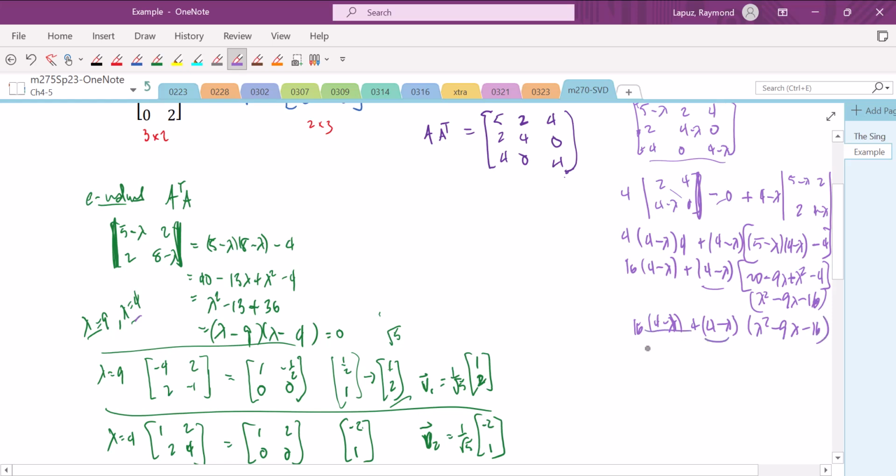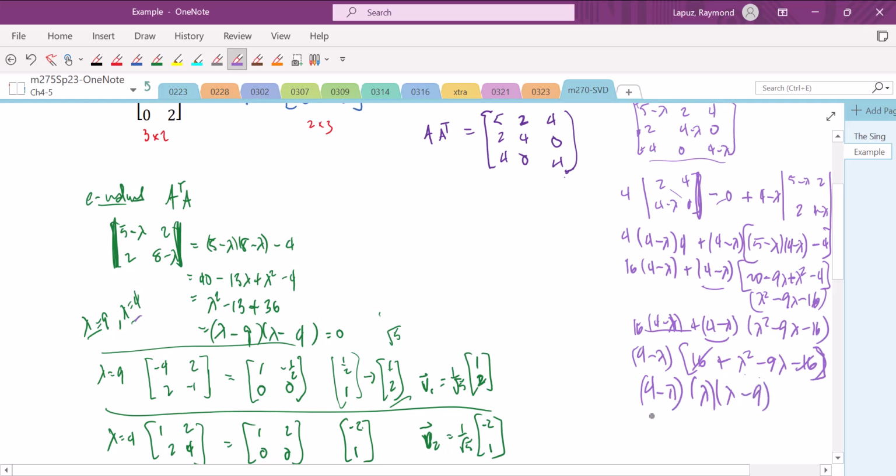So if we factor that out, we got 4 minus lambda, and then what do we have left? We have 16 here, and then plus lambda squared minus 9 lambda minus 16. So the 16 minus 16 cancel, and then now we have lambda squared minus 9 lambda. So we got 4 minus lambda, lambda squared minus 9 lambda, so the lambda would just go away.